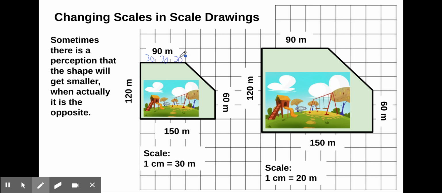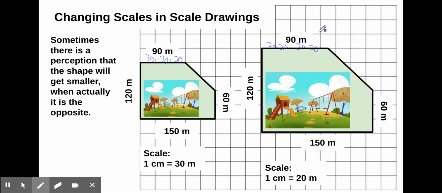Well, if a centimeter is now worth 20, like we have over here, then guess what? We have 20, and then another 20, another 20 to get up to 60. And so you just get 4 of them right here just to get to 80.